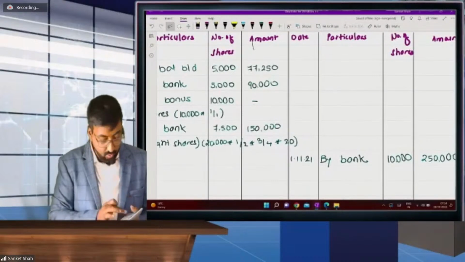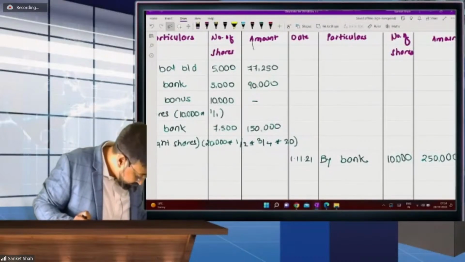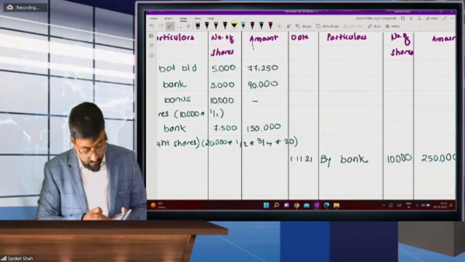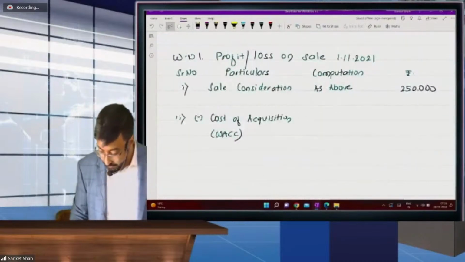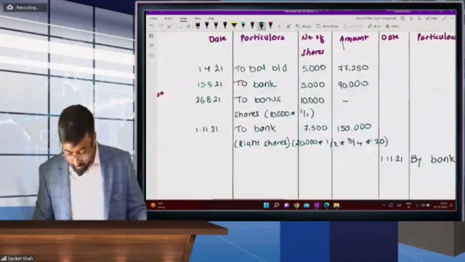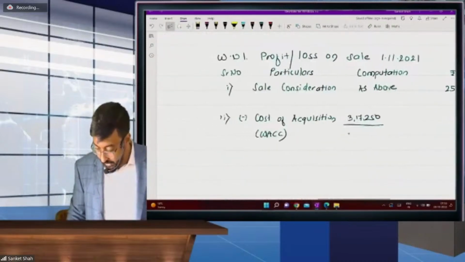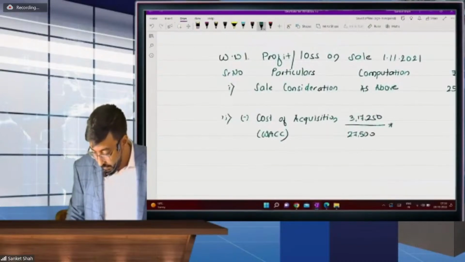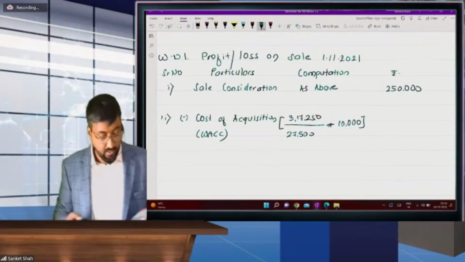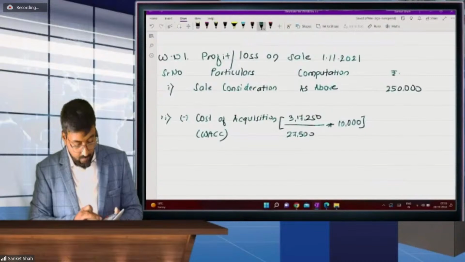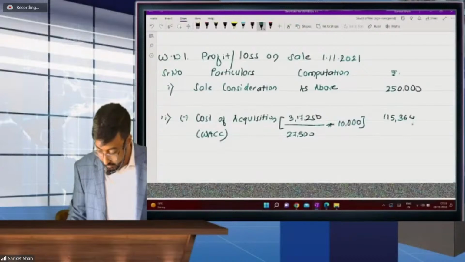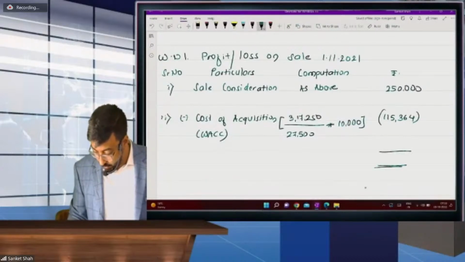Yes, amount you can calculate 77,250 plus 90,000, 3,17,250. 27,500 shares. And how many shares? You sold 10,000.